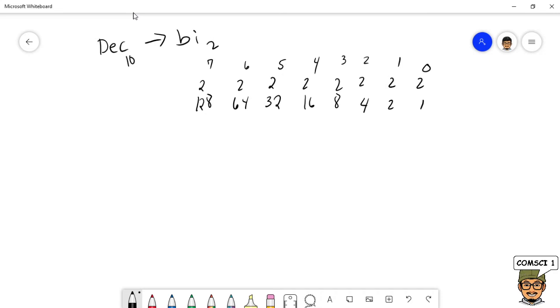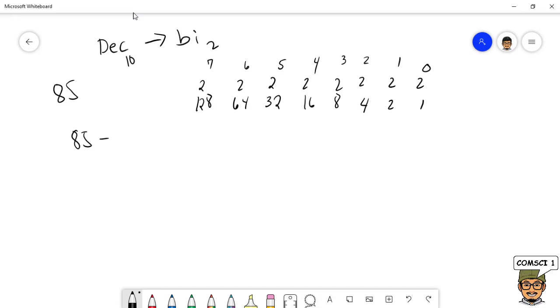So let's say for example we have 85 as our decimal number that we are going to convert into binary. What we are going to do is subtract the powers of 2 from our given decimal number.